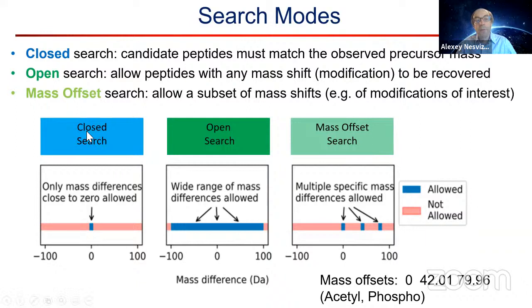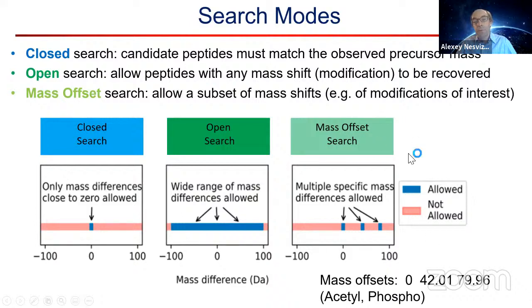So we go away from the closed search to full open search, where we really search for any mass shift, allowing any mass shift on the peptide. For example, from minus 100 to 100 or from minus 100 to 500 delta. It's a parameter in the tool.